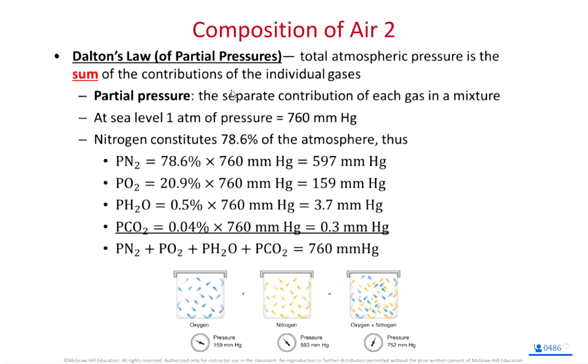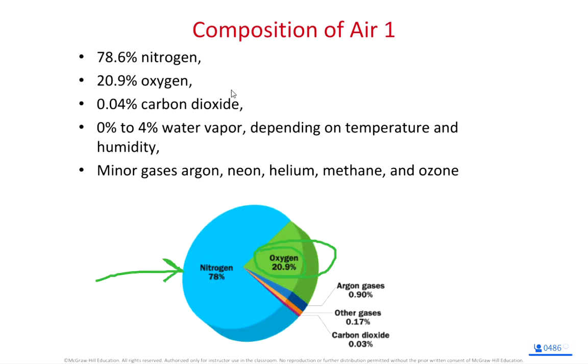We're going to camp on this slide for a little bit. I remember when I was in my freshman chemistry class, Dalton's law of partial pressures gave me anxiety attacks. As we look at Dalton's law of partial pressures, let's not even talk about the text. Let's just go back to this slide. Nitrogen is what most of our air is made of.